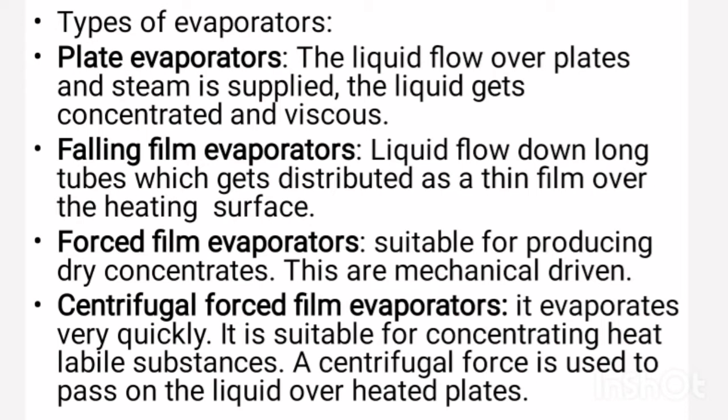In the plate evaporators, the liquid to be concentrated flows over the plate. As the steam is applied, the liquid gets concentrated. In the case of falling film evaporators, the liquid flows down through long tubes and is distributed as a thin film over the heating surface.